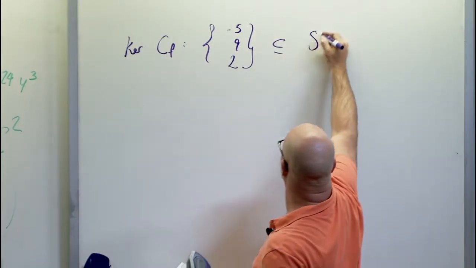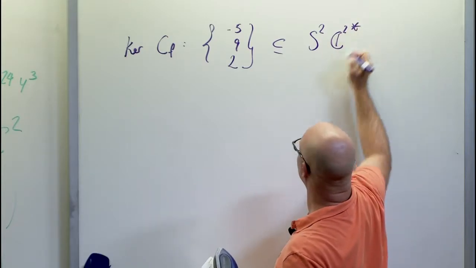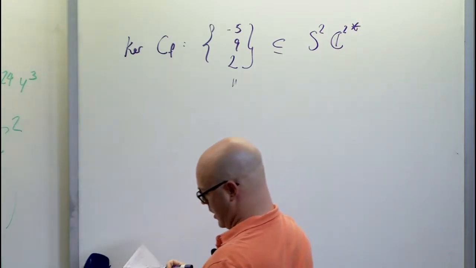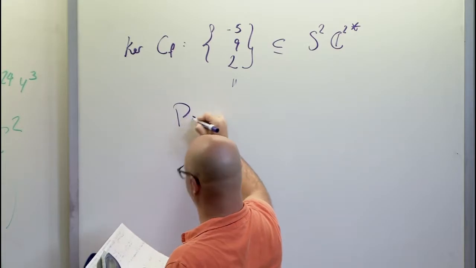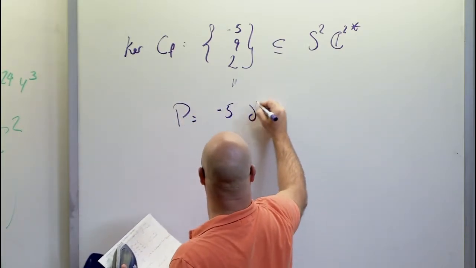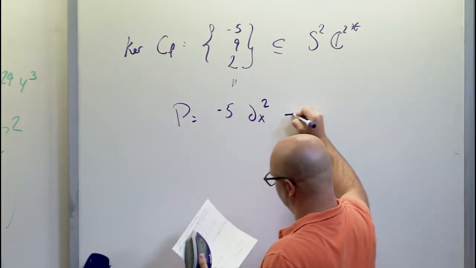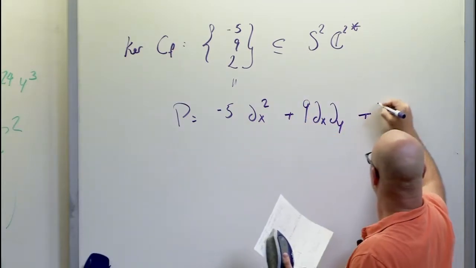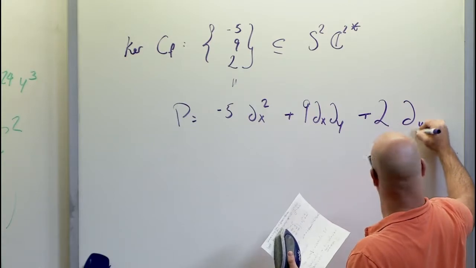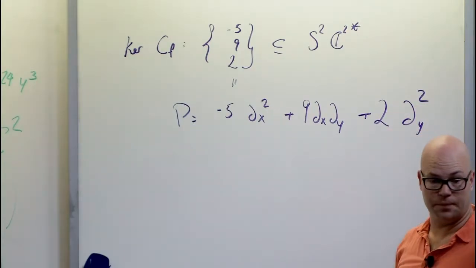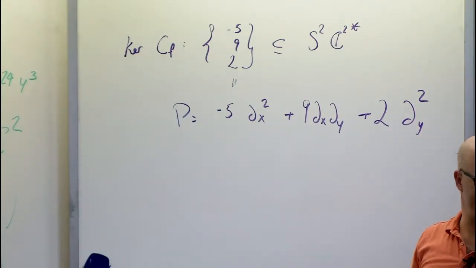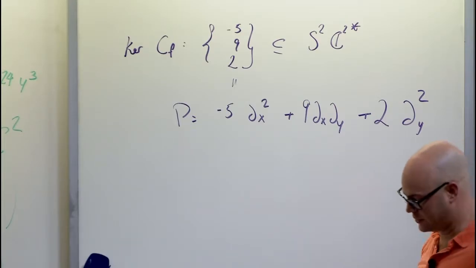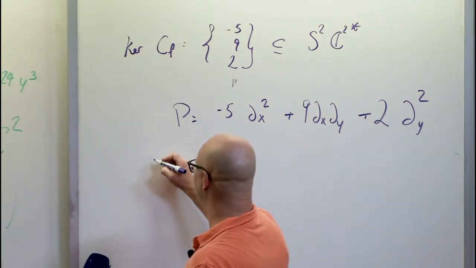But this is inside of Sym^2 C^2 star, so it's actually equal to this polynomial. Okay, so I rewrite my integer vector as the integer coefficients of a polynomial of degree 2 in 2 variables, and then I factor it.